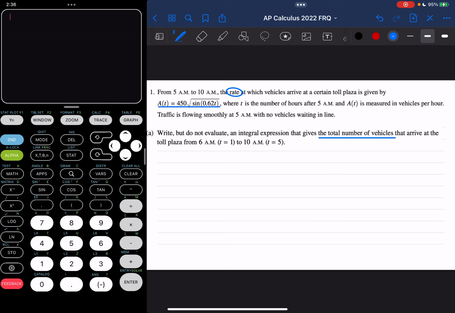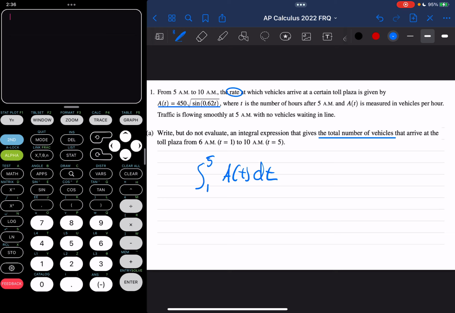Now, an important thing to notice is that it says that arrive at the toll plaza, not how many there are. They actually tell us there are no vehicles waiting in line in the beginning. So that means our integral is going to be from time 1 to time 5 of A of t dt.